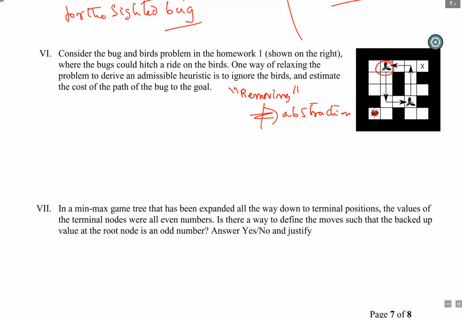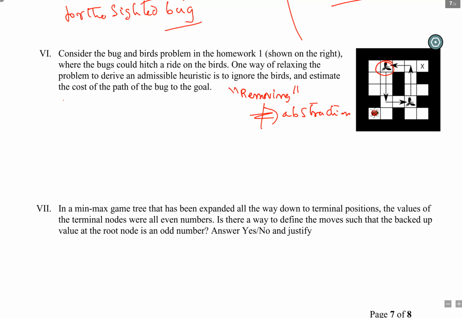Okay, so in essence what you are doing is that the newer problem is more constrained than the older problem, and so actually the optimal path in the newer problem might be longer than the optimal path in the older problem, and so a heuristic for the newer problem won't be admissible for the older problem.